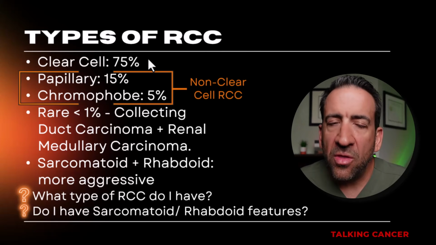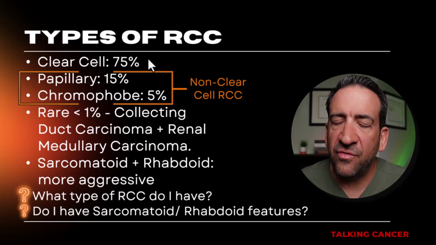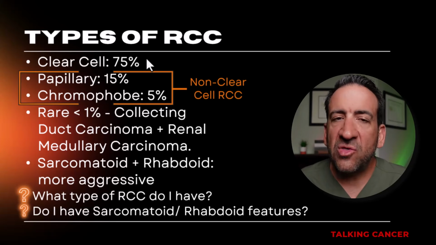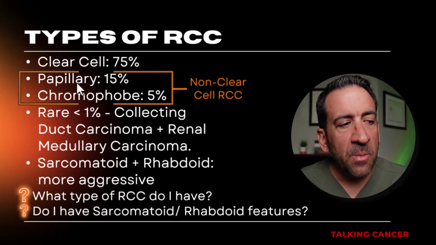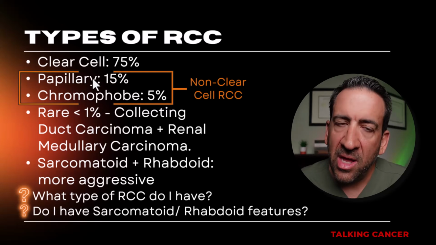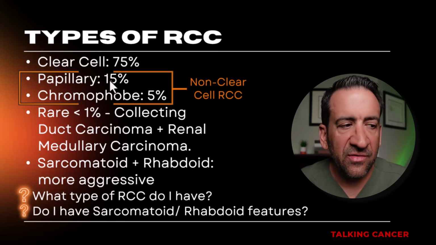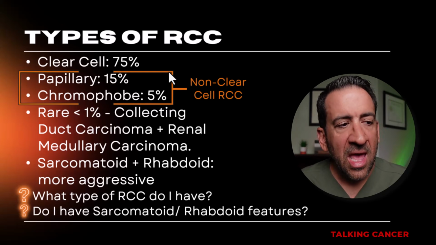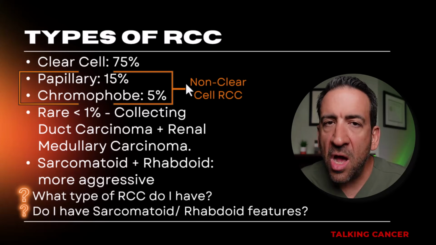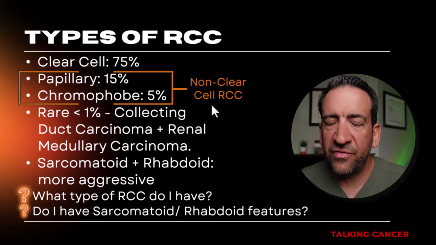By far, the most common type of kidney cancer is clear cell carcinoma. That's about 75% of cases, okay? The next most common is called papillary, and it's about 15% of cases. And then we have another one called chromophobe, and that's about 5% of cases, okay? These we usually call non-clear cell renal cell carcinoma.